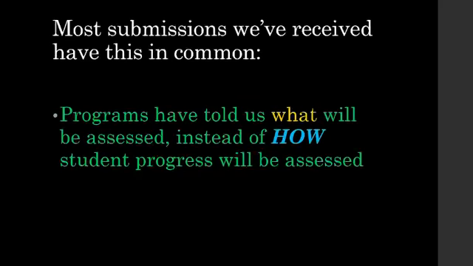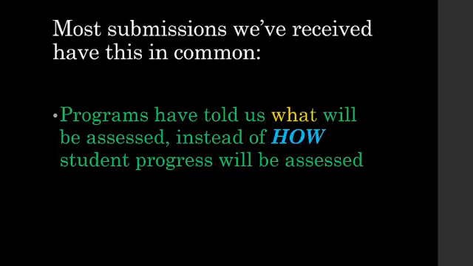Okay? So by and large, the majority of submissions that we have received so far, the examples of the curriculum that programs are writing, did an exceptional job of telling us what will be assessed. So in this evidence for assessing learning section, programs were telling us what they were going to assess.